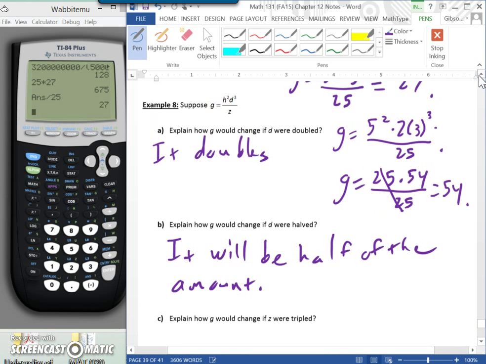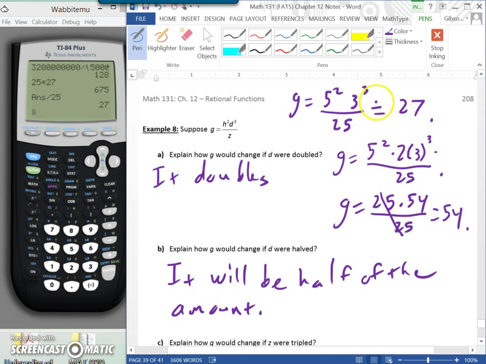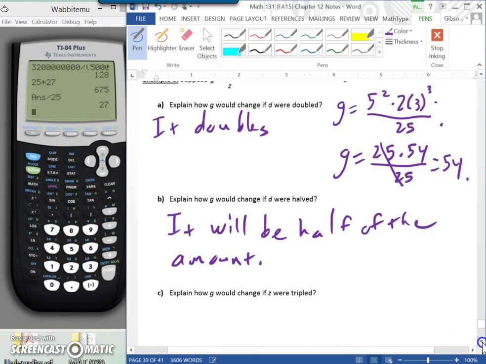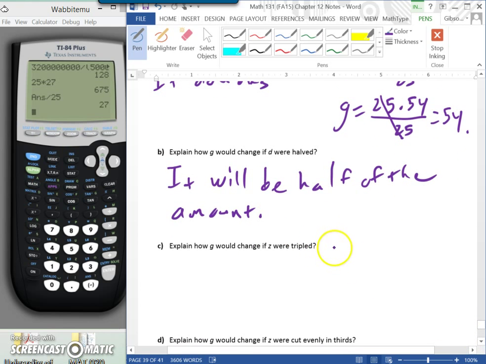Okay, now, since we have these previous problems that we've done, why don't we take what we did, still using the numbers. It'll be 5 squared times 3 to the 3rd power. Well, that's G equals, all over, we said Z would be 25. And we said what would happen if Z was tripled.